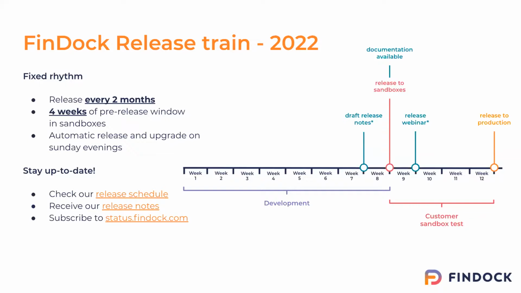The second big reason leading to this change is that we as FinDock also have improved, I think, and matured in the way we release. So we've introduced pilots and betas. We now accompany your release with more than just the tool and the feature, but also with release notes, documentation, enablement, and other kinds of materials.